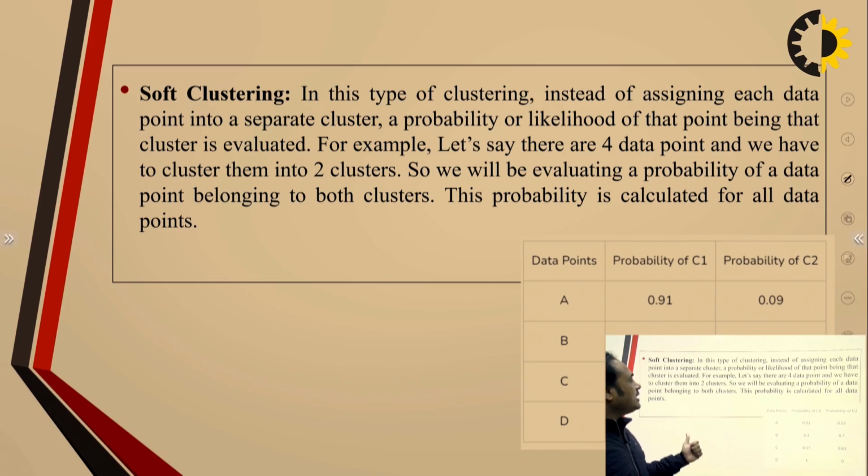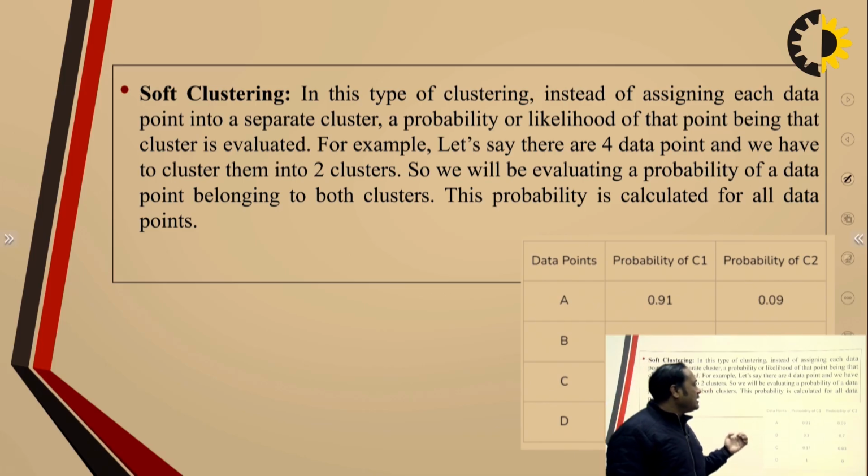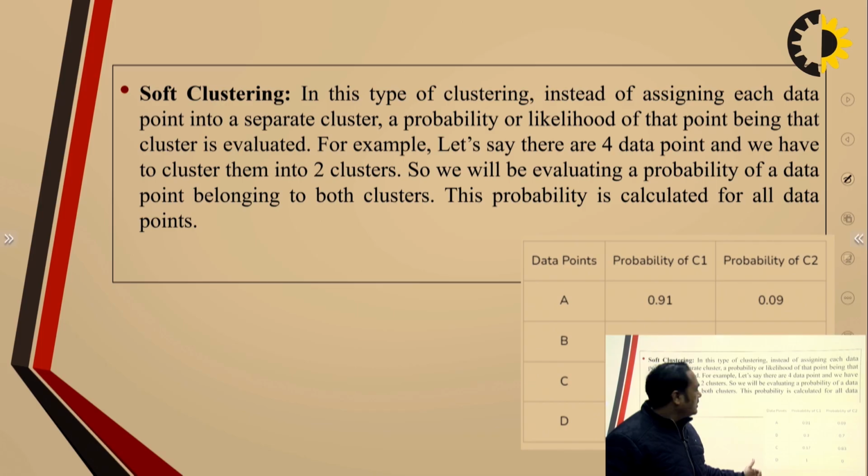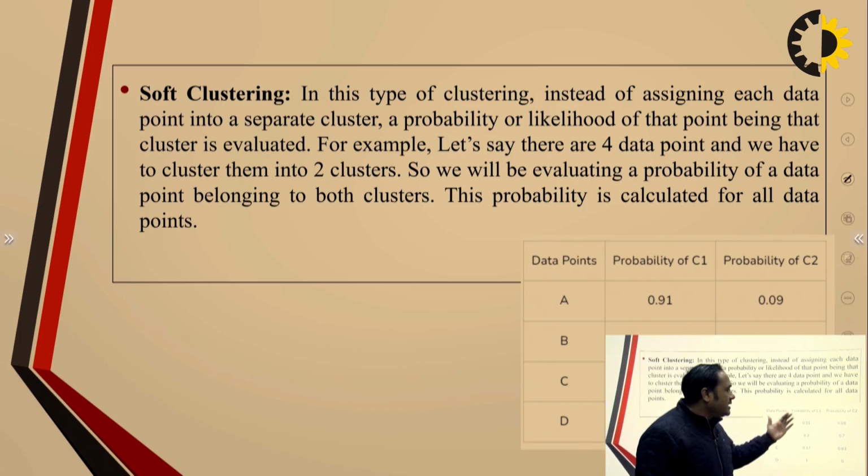So we will evaluate the probability of a data point belonging to both clusters. This probability is calculated for all data points. For example, we have probability of C1 and probability of C2.